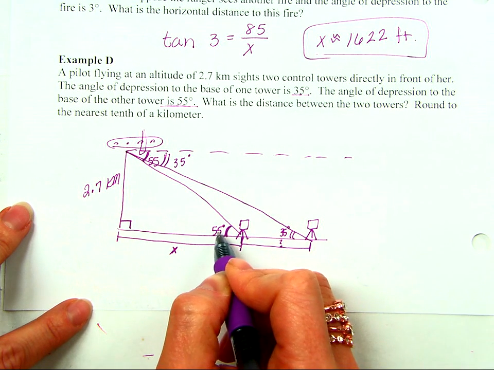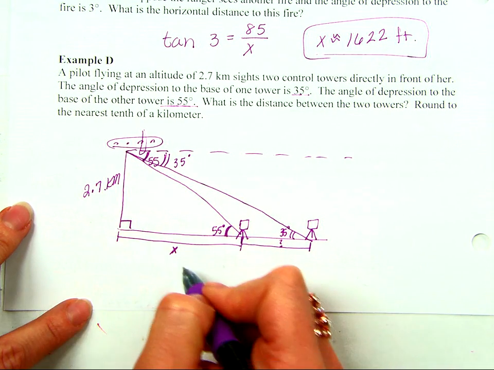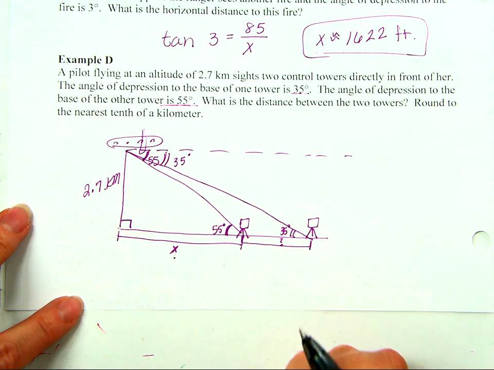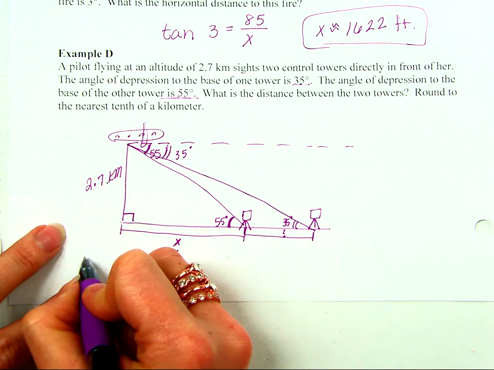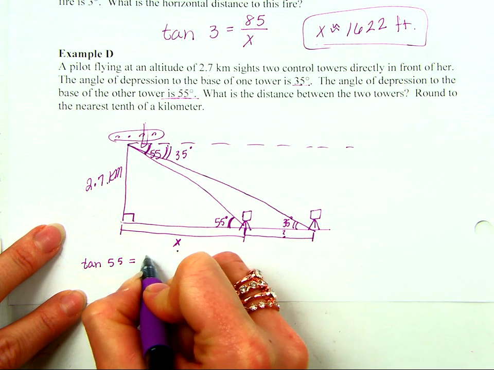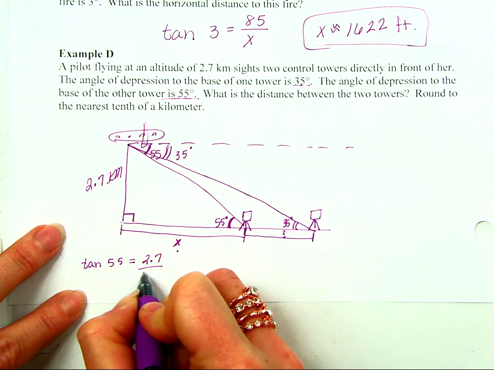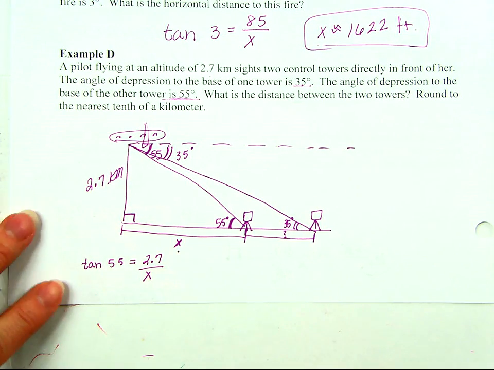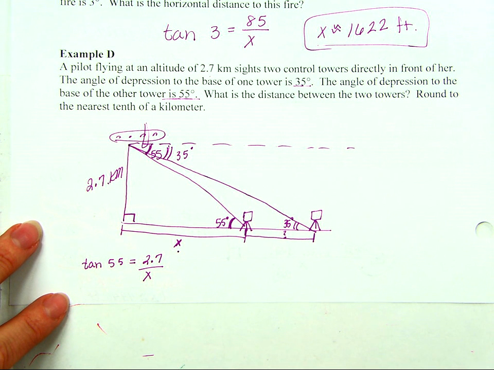So here, opposite and adjacent, I'm going to say that my tangent of 55 degrees is equal to the opposite over adjacent, 2.7 over x. And I'm going to go ahead and calculate that.